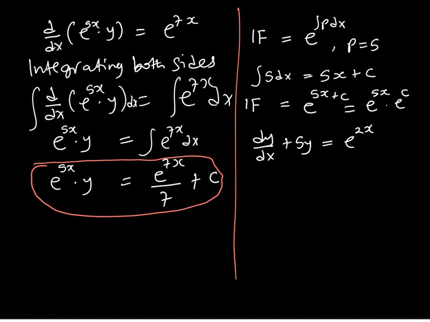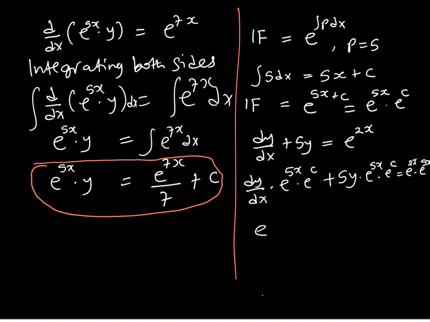We have dy by dx multiplied through by e to the 5x times e to the c, plus 5y multiplied through by e to the 5x, then e to the constant, is equal to e to the 2x multiplied by e to the 5x, then e to the constant.